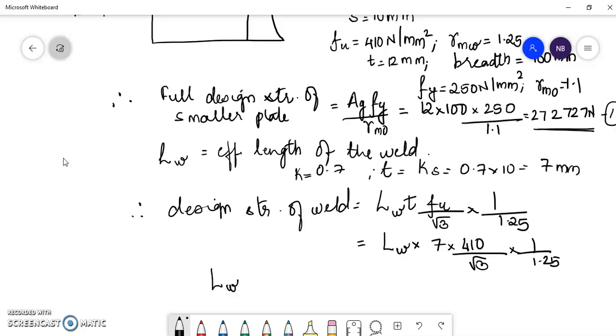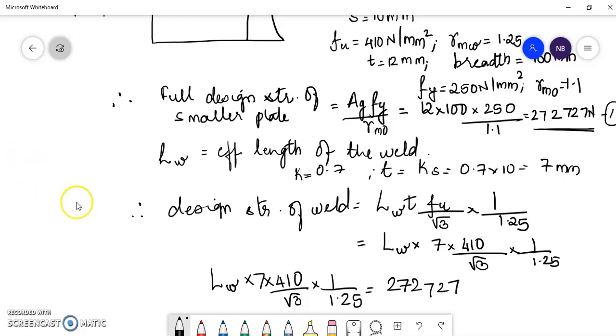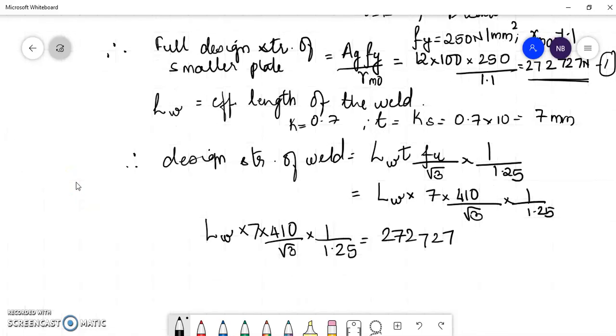So we say LW into 7 into 410 upon root 3 into 1 upon 1.25 equals 272,727. From here we get LW as 205.7 mm.